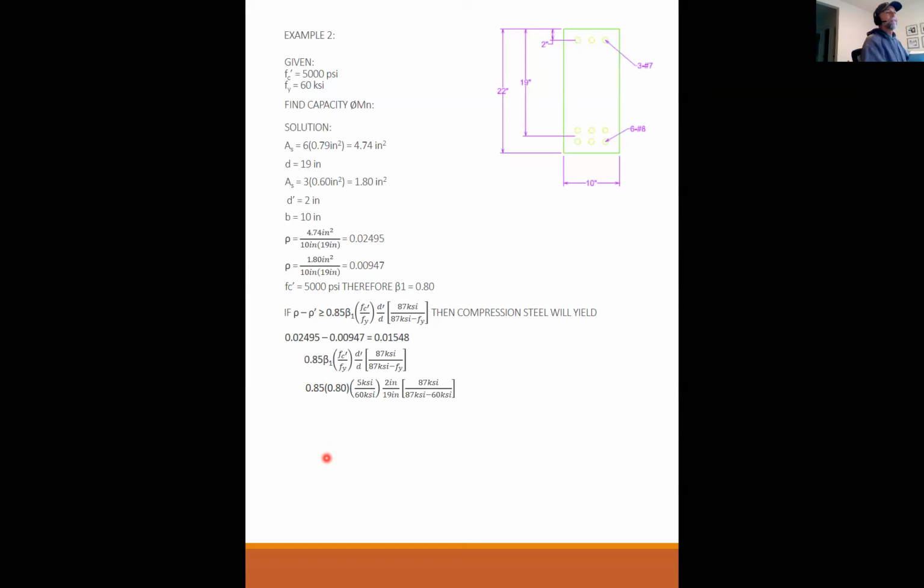But our test, 0.85, I put in beta 1, 5,000 PSI concrete, 60 KSI, D prime is 2, D is 19, 87 over 87 minus 60, and I get 0.1922. 0.1436 is less than, where did that number come from? Another typo. Okay, but anyway, both of those numbers are wrong. 0.1548 is less than 0.1922. Therefore, the compression steel will not yield.